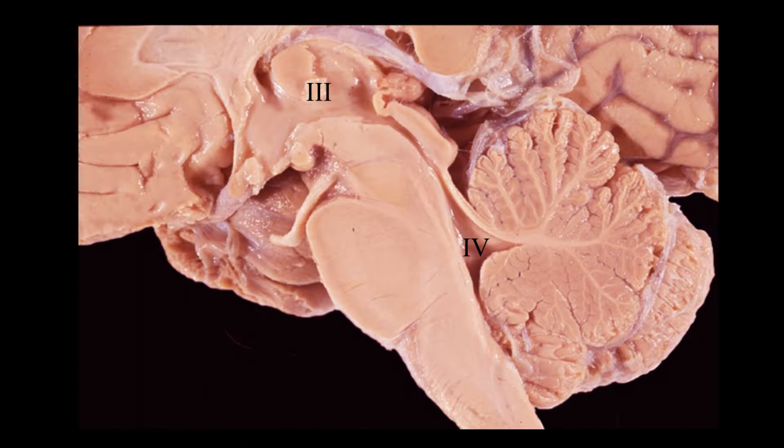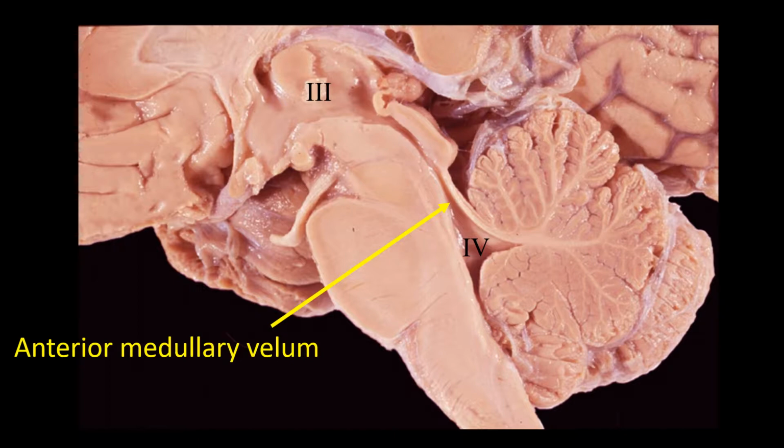As you can see in this specimen, the anterior medullary velum forms the roof of the upper part of the fourth ventricle. The caudal part of the anterior medullary velum contains the lingula of the cerebellar vermis.